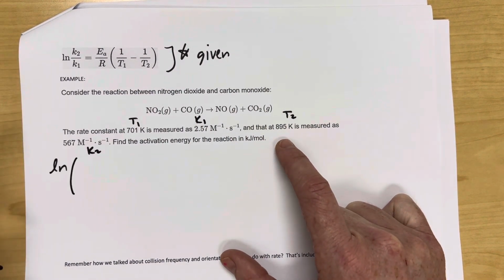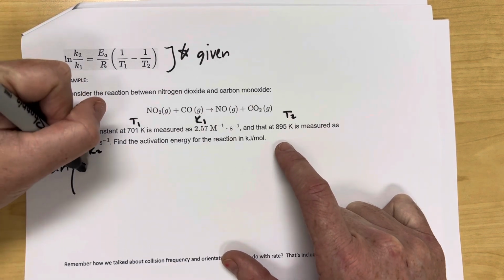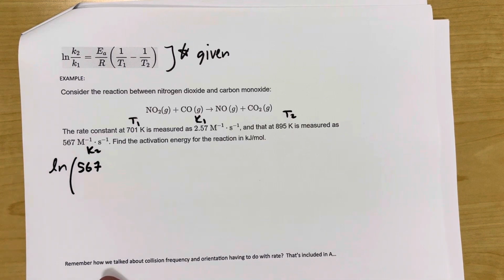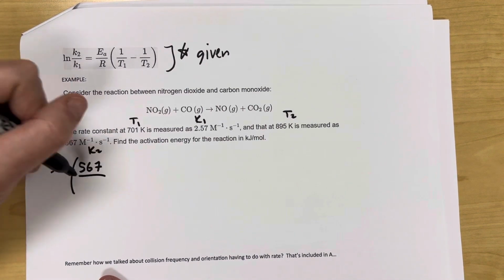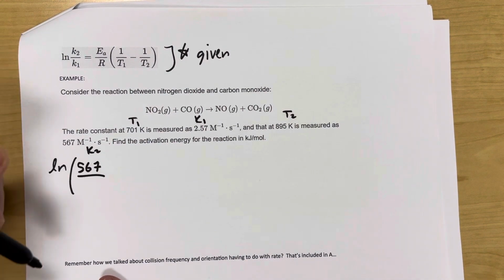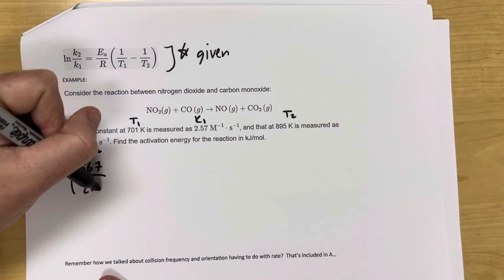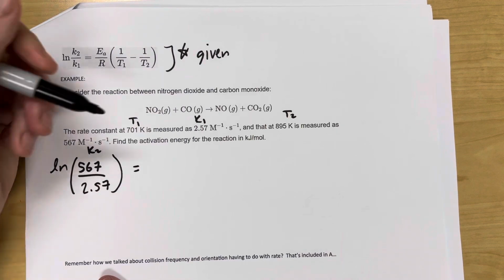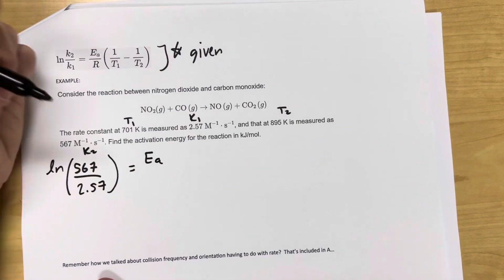So we have ln of our K2, which was 567. I'm going to avoid writing units just to kind of clean things up a little bit, divided by our K1, which was 2.57, equals our E sub A, which we are solving.